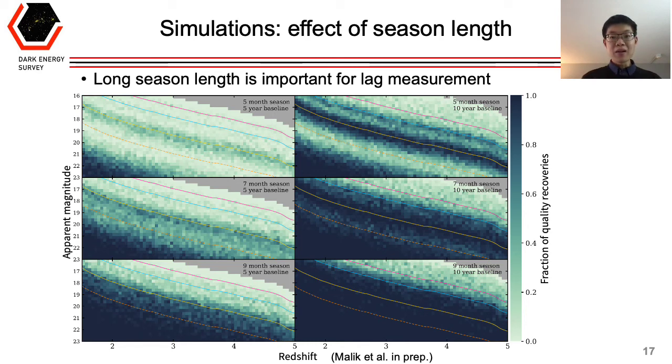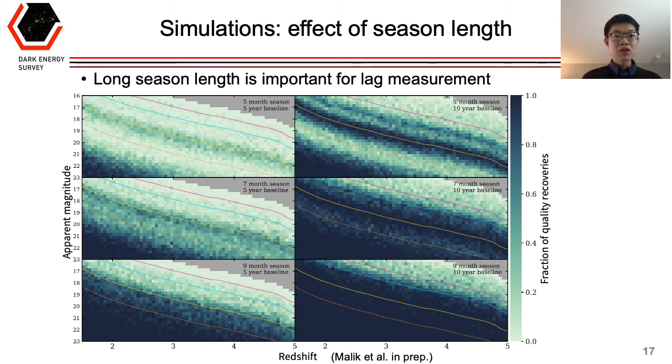The deep colors mean that there is a high fraction of good lag measurements around this apparent magnitude and redshift, while the light colors mean that the fraction of good lag measurements is low around this area. The lines with different colors mark the expected lag values. The orange dashed line marks the half-year lag, while the yellow solid line marks the 1-year lag.